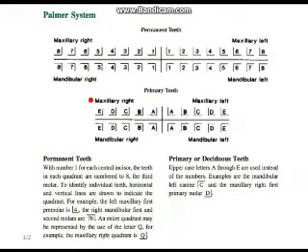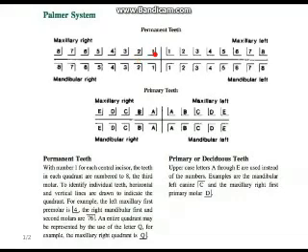Okay, so to the third system. The third system is called the polymer system. Now this is a little bit different, okay? In this system, we have numbers, just like in the international system. It's the same concept. We're going to start from the midline, and the tooth closest to the midline is going to be number 1, and all the way back it's going to go to 8 in each arch. Now, to differentiate between the arches, in the international system we had 1, 2, 3, 4.